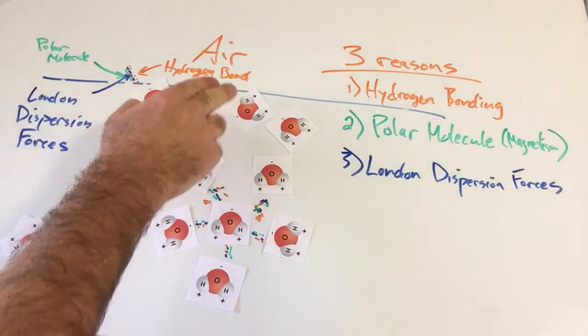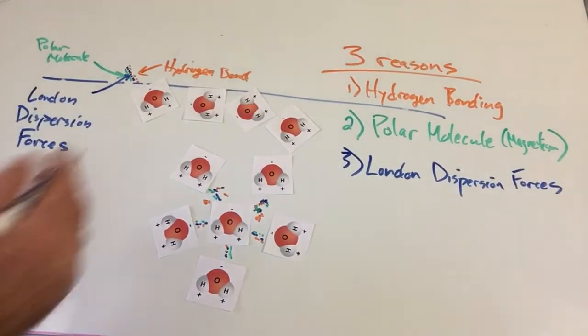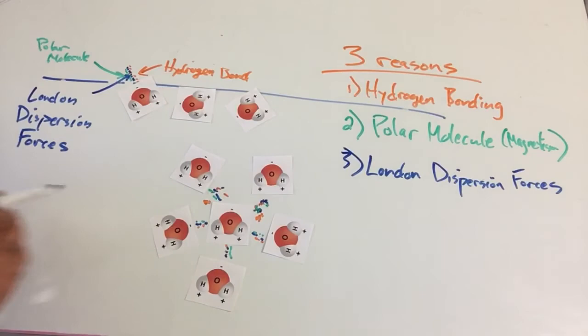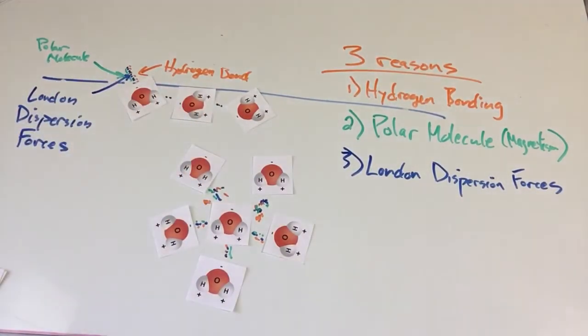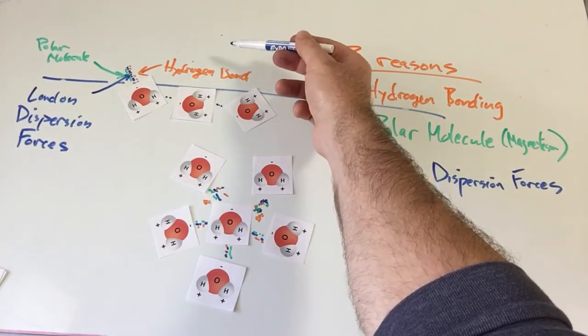But what about these guys? Here's the thing. You're going to find those between them. So let's just look at these three water molecules here. You're going to find London dispersion forces between them. But can they do London dispersion forces with air? No, not really.